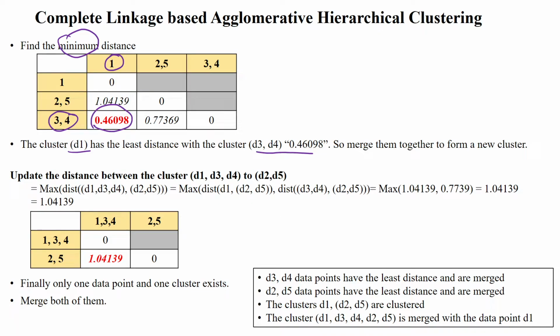After merging, we have to update the distance matrix as per the given procedure. So for d1 3 comma 4, we find the distance between 2 comma 5 and 1 comma 3 comma 4.